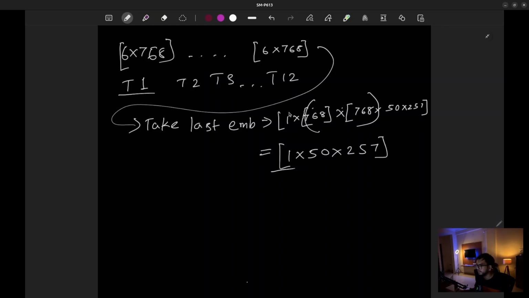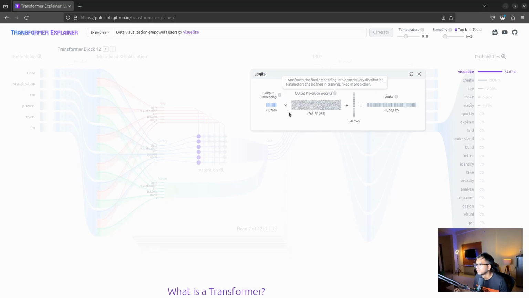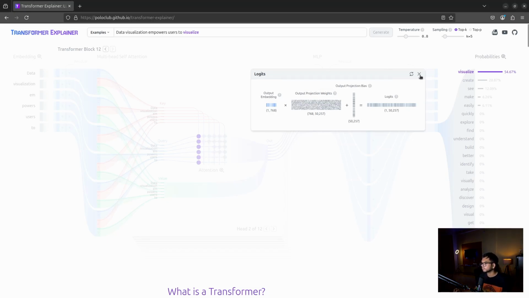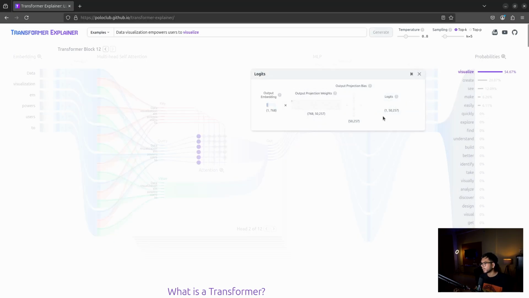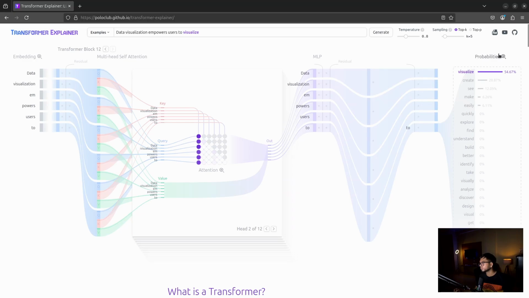All right, this is the last matrix we get from this logit calculation, and it will have the information of the tokens. So there will be multiple probabilities, like 50,257 probabilities.